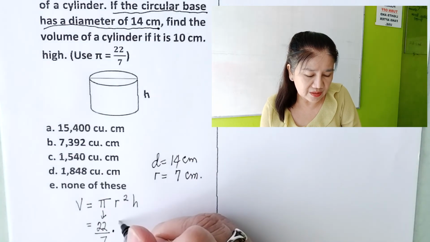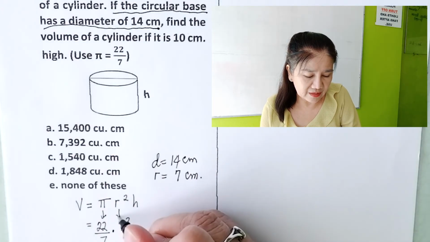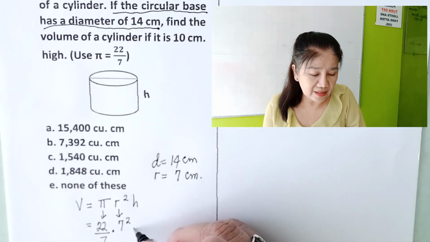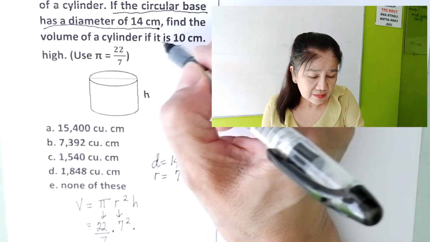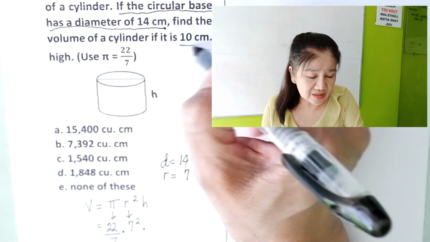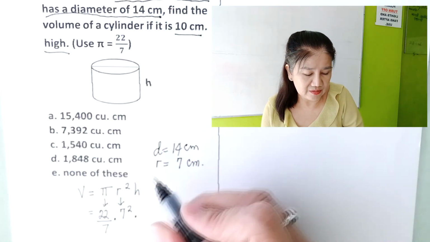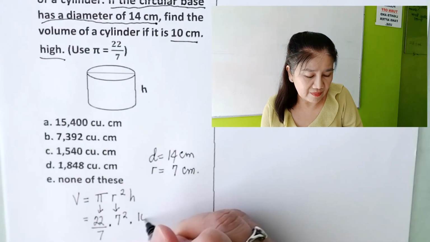So substitute here 7 squared. Times the h. The h is 10 cm high. So h is 10. Right?